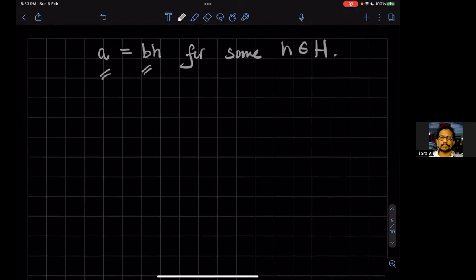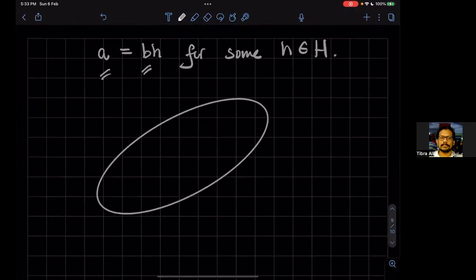So there's a lot of silence. I think some pictures will help. Suppose this is our group, and this is the subgroup H. Suppose we have some B here, and some A here.